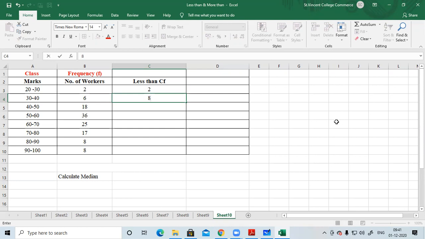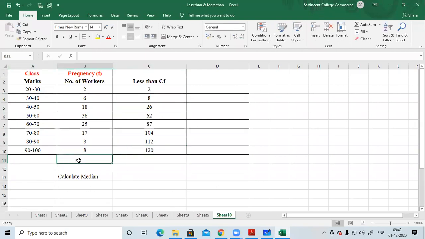Then 8 plus 18, which is 26, plus 36, plus 25, plus 17, plus 8, plus 8, and plus 8. So we get cumulative frequency as 120.